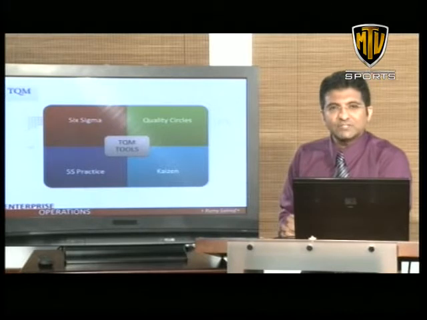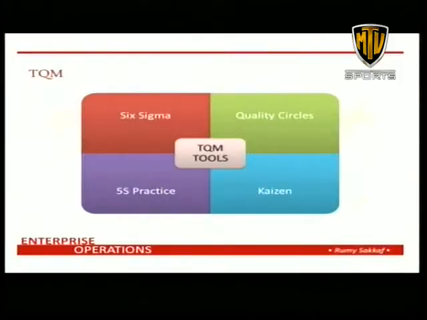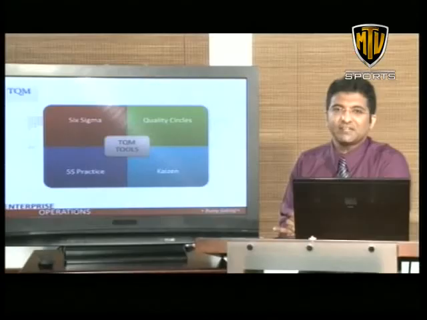These tools are very popular among organizations, among operational managers. The 4 tools are considered to be quality circles, Kaizen, Six Sigma, and 5S practices. These 4 tools are examinable. I am repeating again, students, these 4 tools have been tested in the exam, even in sections A, B, and C as well.